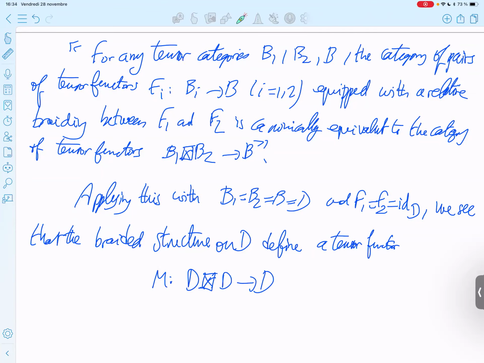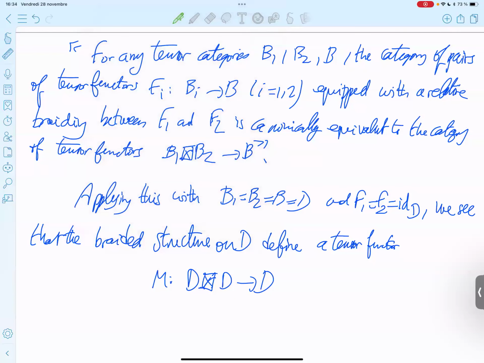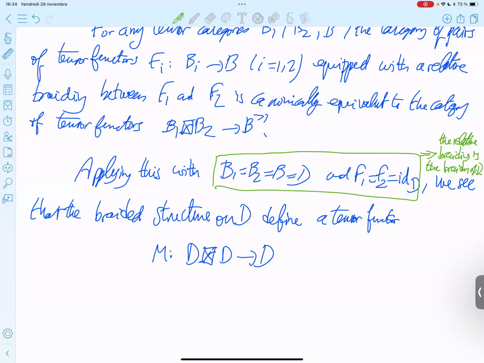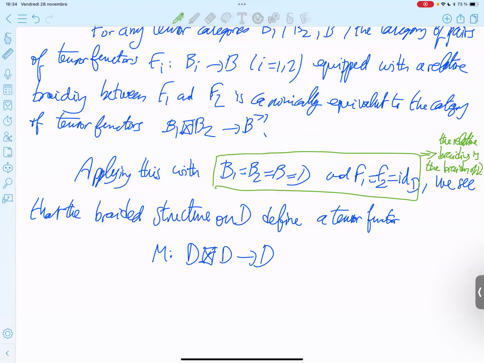And here, let me write that. So this implies that the relative braiding is the braiding of D. Okay, so the braiding of D gives a functor by Joyal-Street.